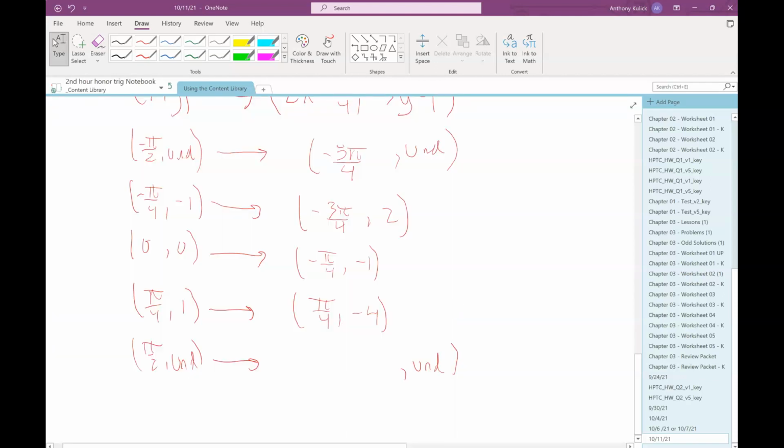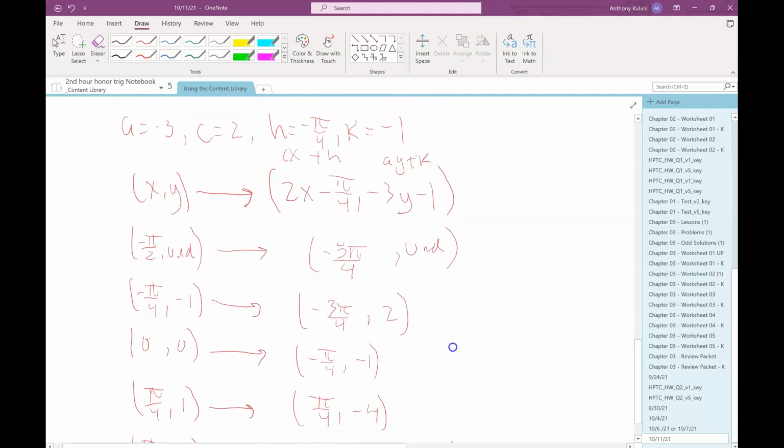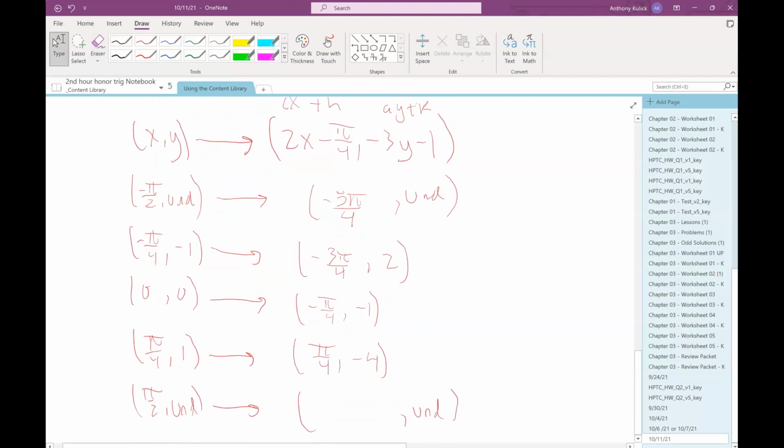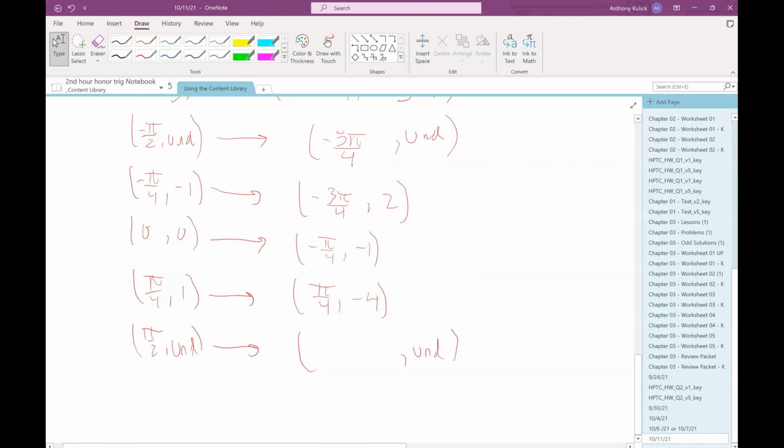And then lastly, 2 times pi over 2 is pi, minus a quarter is 3/4. So those are my points.